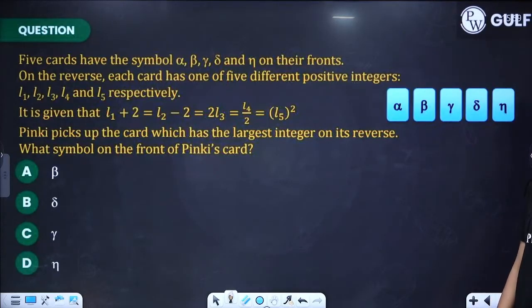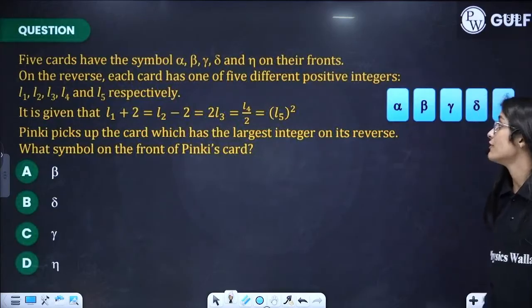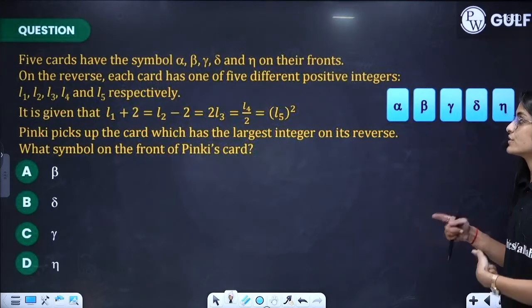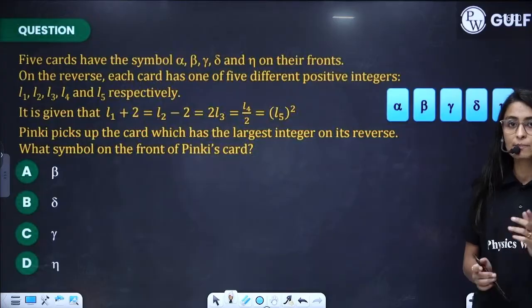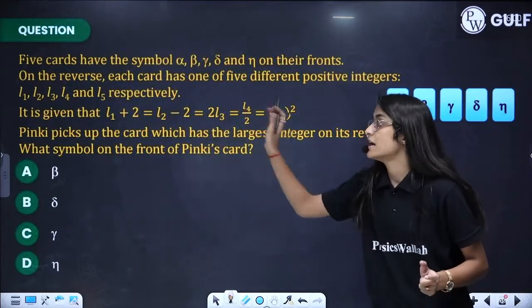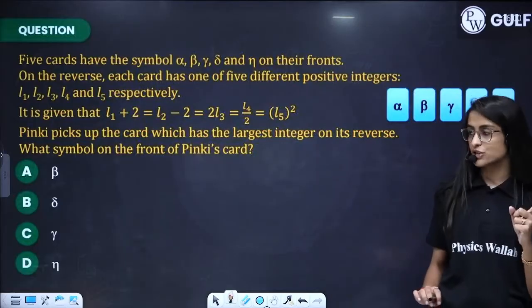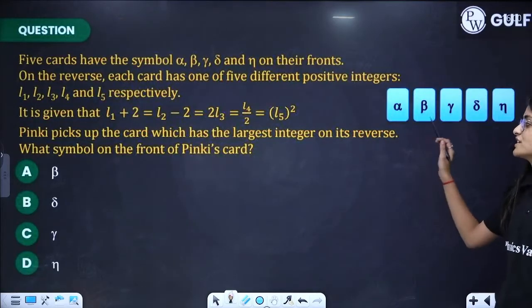Now here comes the next question, wherein you have 5 cards. They have the symbols alpha, beta, gamma, delta and eta in front. When you reverse the cards, they have I1, I2, I3, I4 and I5, where you have been provided the relation between all the 5 variables. Pinky picks up the card which has the largest integer.